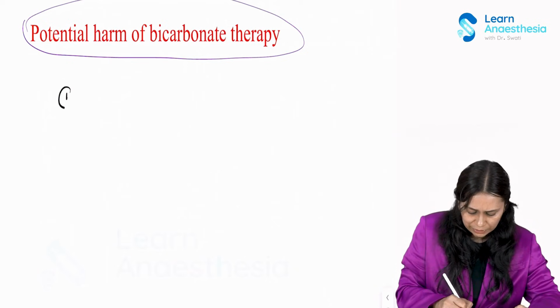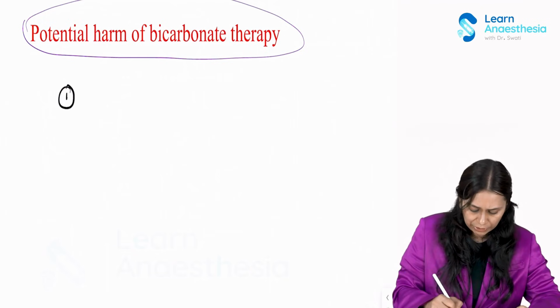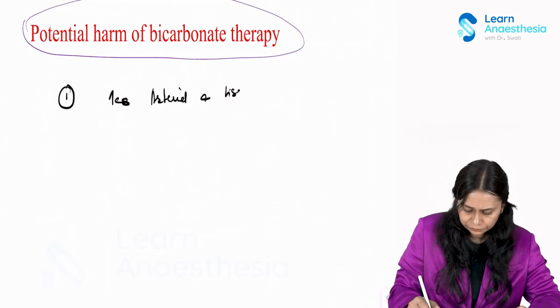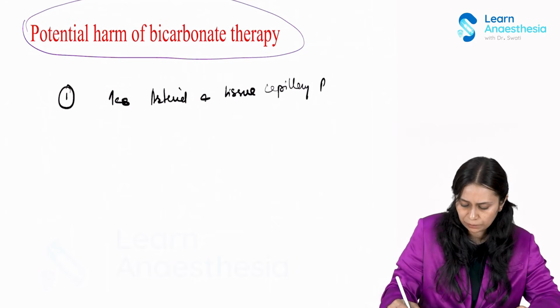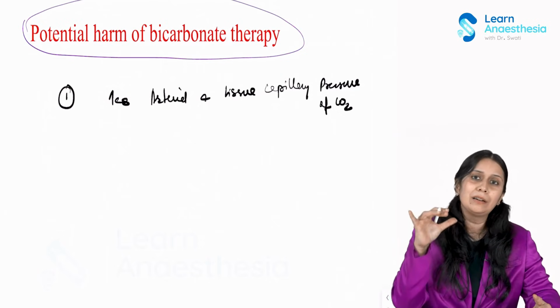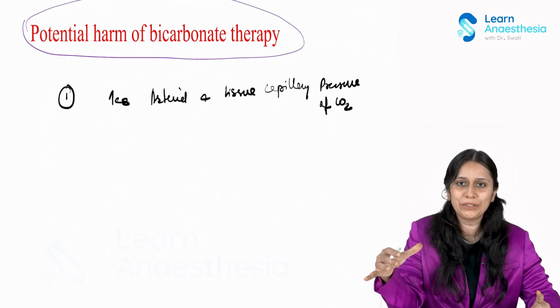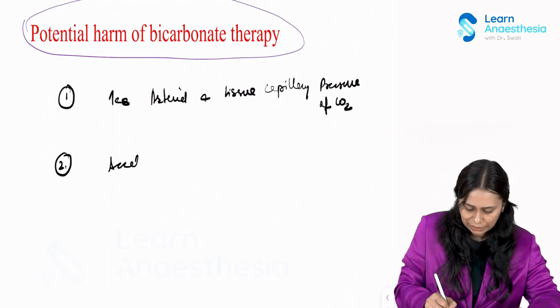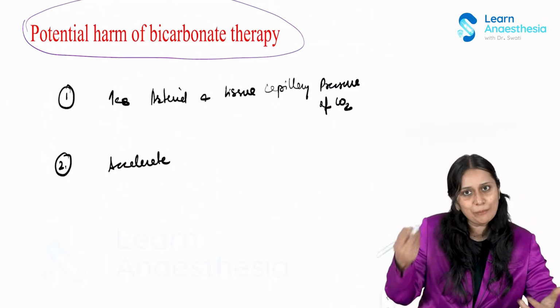So number one is that giving bicarbonate increases arterial and tissue capillary partial pressure of carbon dioxide, which can be negated by optimizing the ventilation of the patient, which I'll talk about. The second thing, it can have a paradoxical effect.